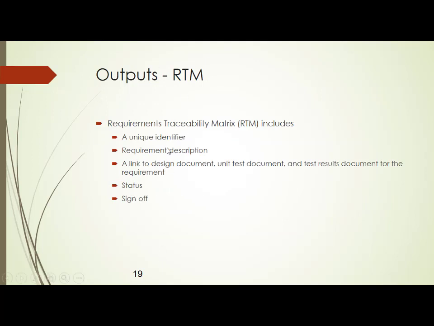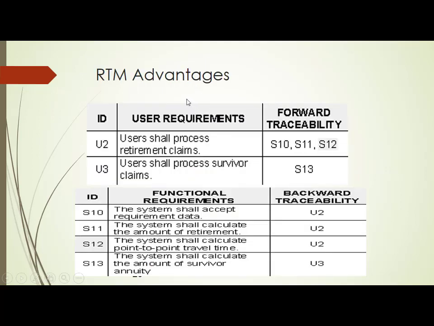Now to track that, you have something called a requirement traceability matrix. I will show you one example. This is called a requirement traceability matrix. Here you can see two tables. One table has IDs S10, S11, S12, S13, which are all stakeholders. They have given some requirements.